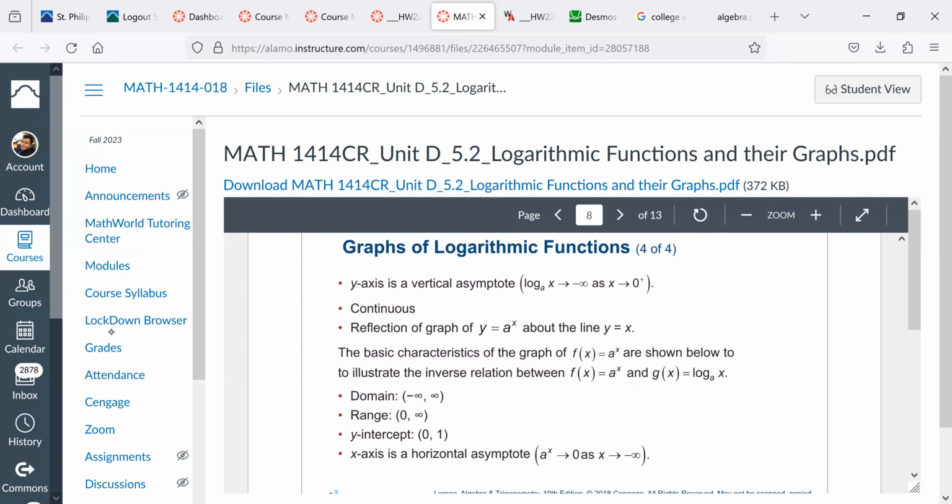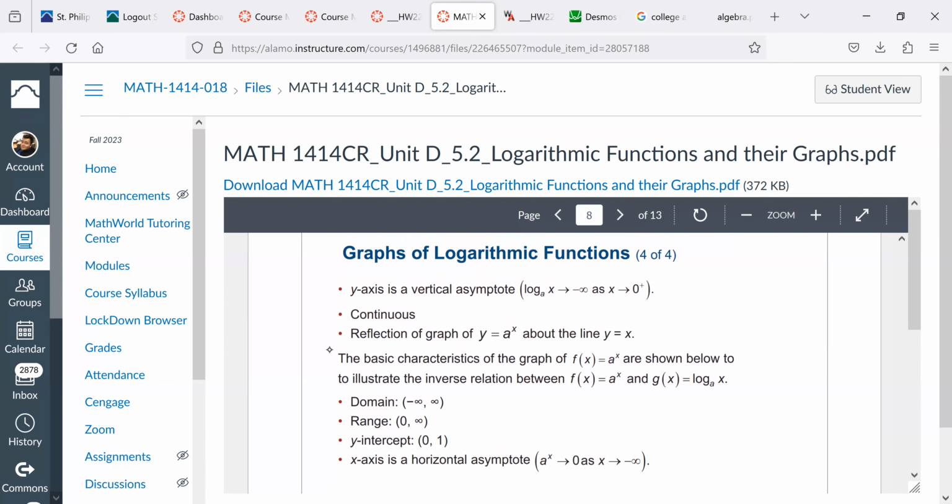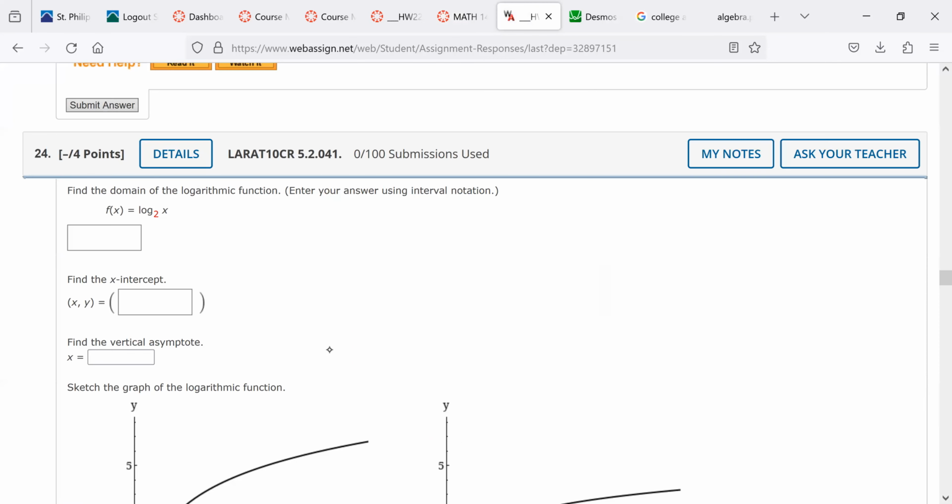So they'll test you on these concepts, like, do you know the domain? Do you know this or that over here? They either graph it and you just look at it, or remember that you cannot plug in 0, so it has to be above 0, and then it keeps going forever.